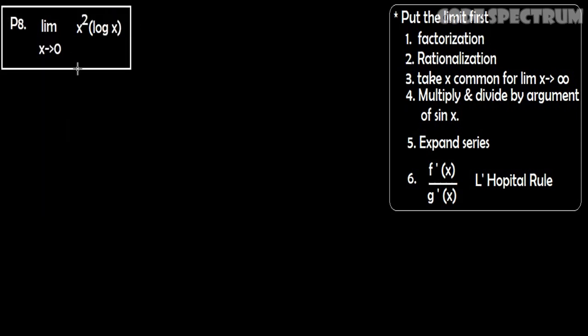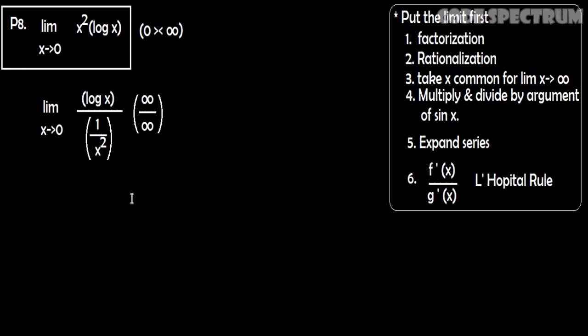Let's take another problem. We have limit x tends to 0, x square into log x. Now if you put the limit, you get 0 into log 0 is infinity. It means that it is 0 into infinity form. In such cases, I'm converting it into infinity by infinity form. How can I make it? I have modified this form like this, and now if you check this form, it is infinity divided by infinity form.